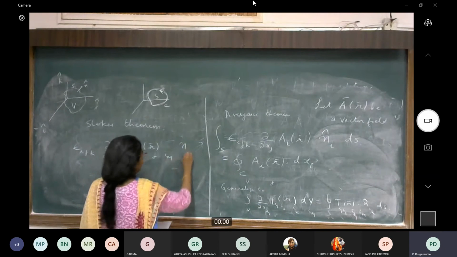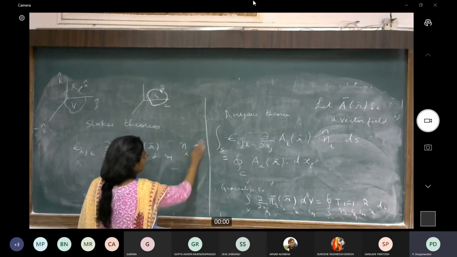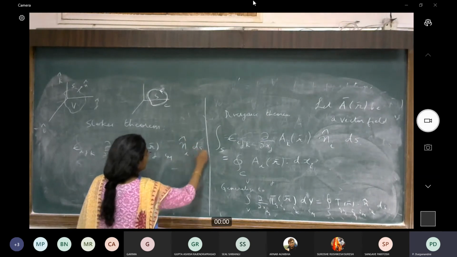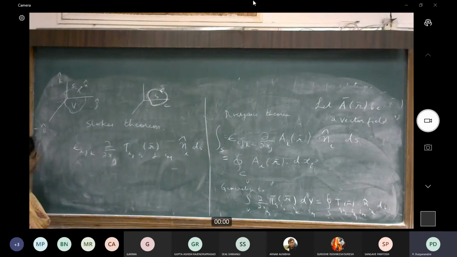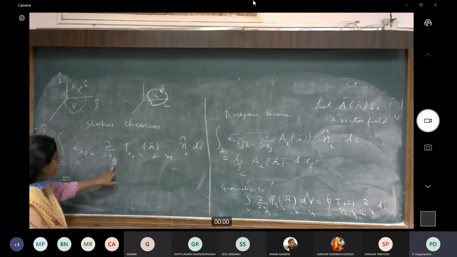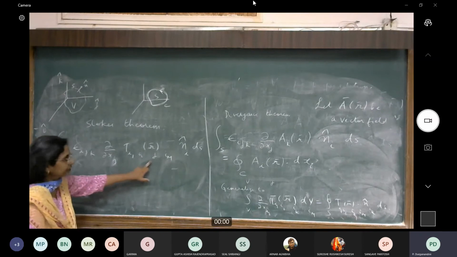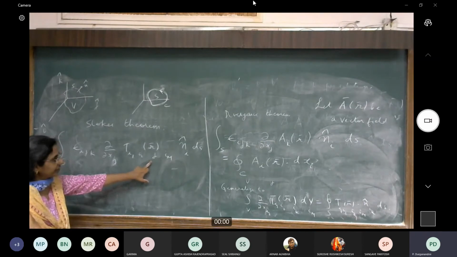Then I have n_i cap dS. So if I take this over the surface integral, what will I get? You can see that what I've done is I've contracted with this j here, all right? x_j is here.